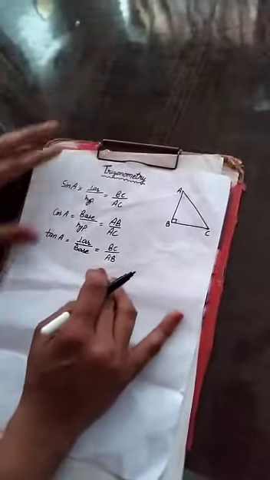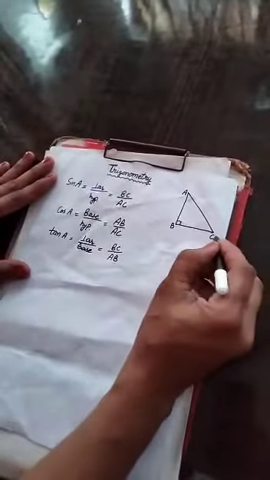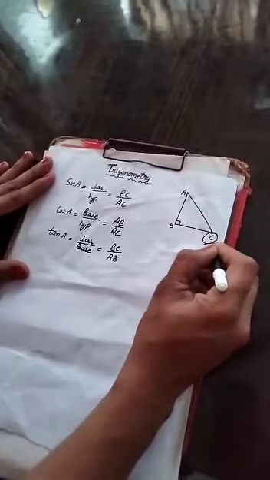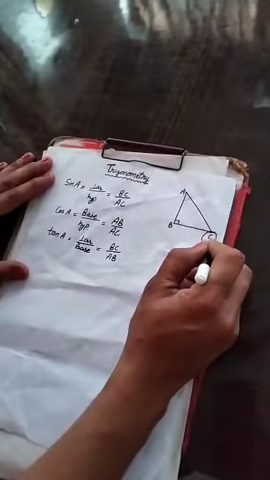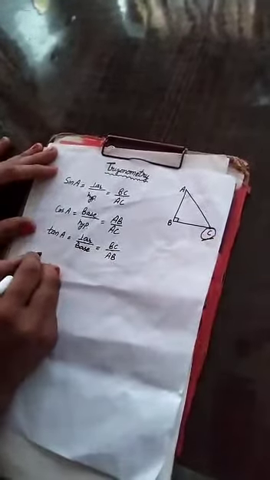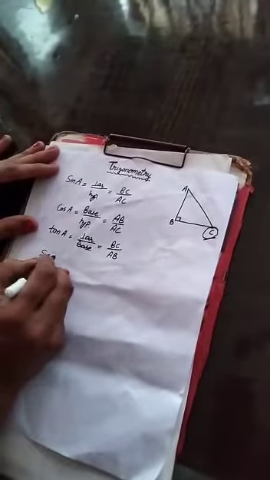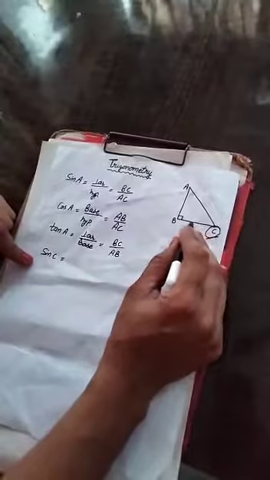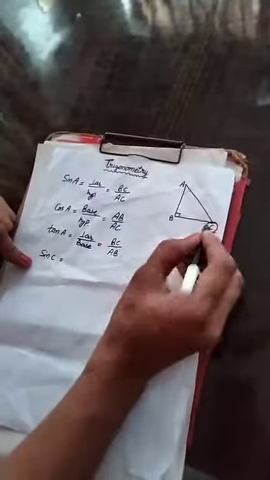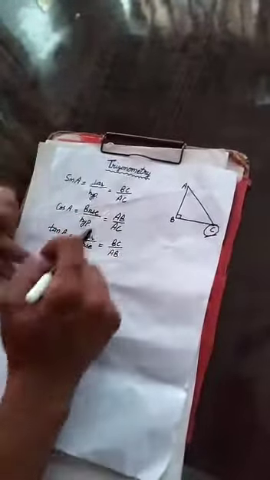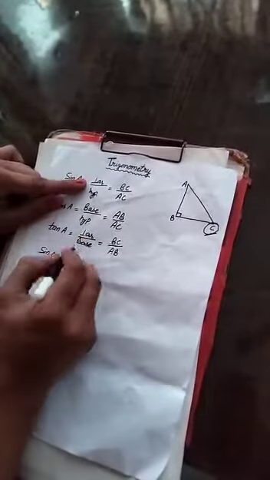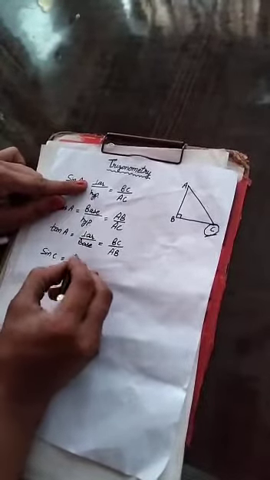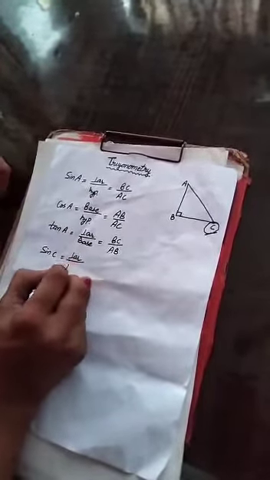Now again if we talk about angle C, what is sine C? Sine C meaning opposite side. We are again talking, what is sine? Sine is perpendicular over hypotenuse.